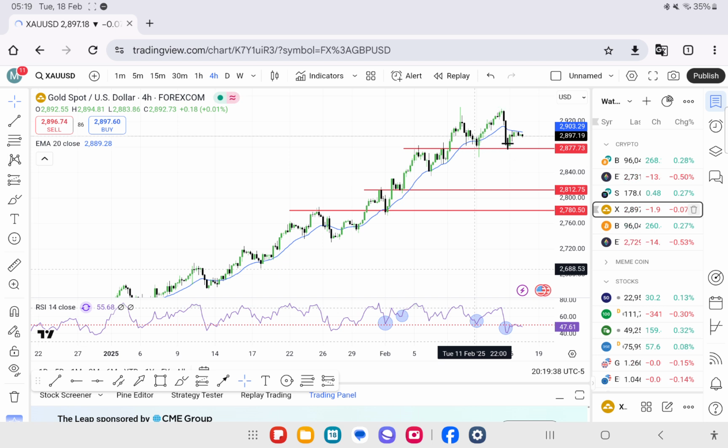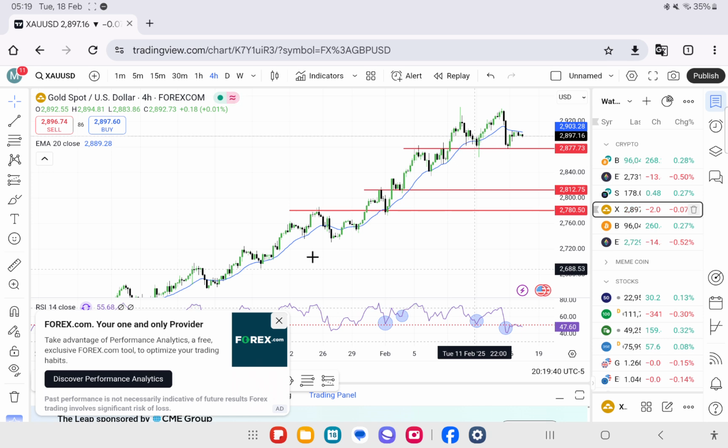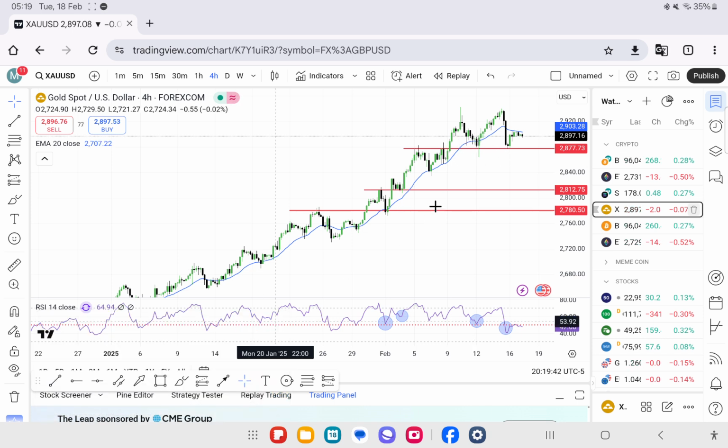So here, why are we not in favor of buying? It is near a support level, but now we can see that for the first time after a very long time the momentum is down, and RSI is telling us the momentum is very down, and also we don't have a new high.